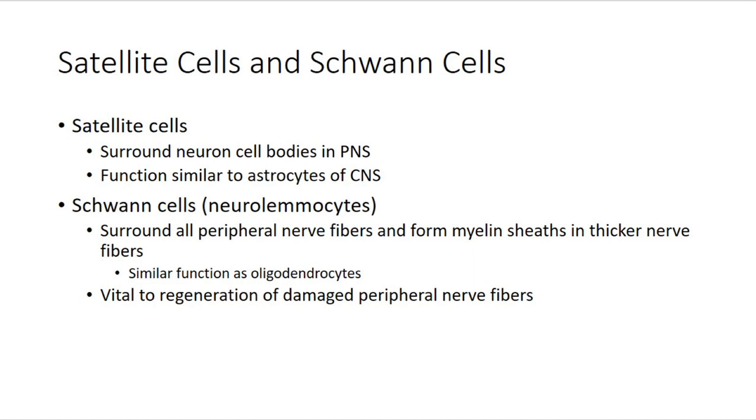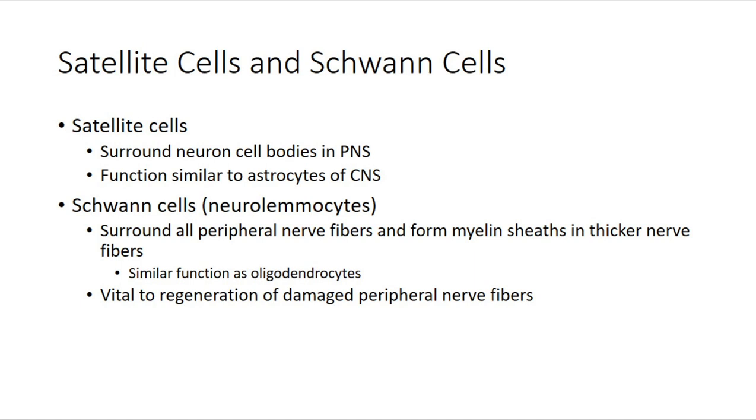But they also make myelin sheaths. They do so in a little bit of a different way. They create a jelly roll kind of structure around the axon, and you need multiple Schwann cells to get most of the axon for a peripheral nervous system neuron coated. But Schwann cells and oligodendrocytes do share that similar function of creating myelin sheath.